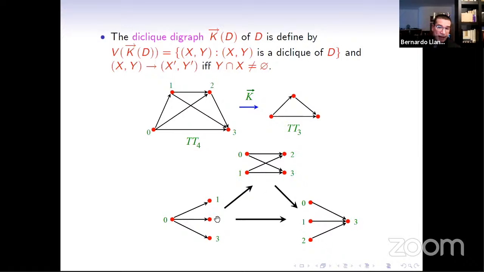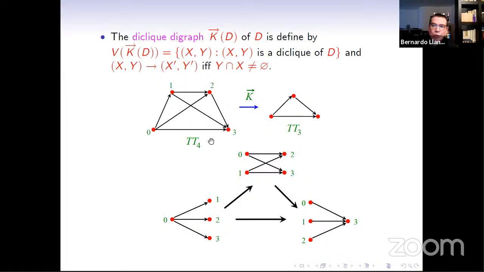So, as you see, this is a vertex here, this is a vertex here, this is a vertex here, and I have a so-called TT3, a transitive tournament, or an acyclic tournament, on 3 vertices. So this is a TT4, a transitive tournament on 4 vertices, or equivalently an acyclic tournament on 4 vertices.